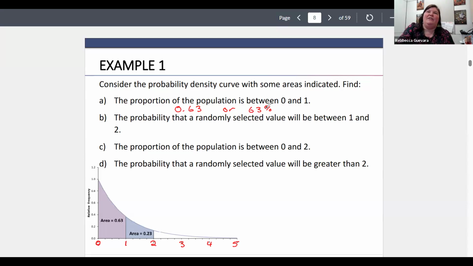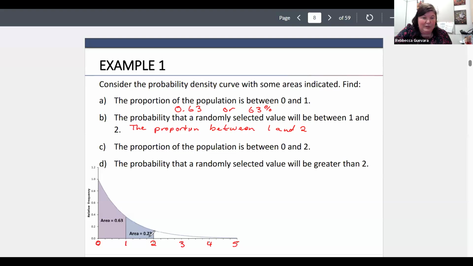The probability that a randomly selected variable is between 1 and 2 is the same thing as saying the proportion between 1 and 2. So it means the same thing.